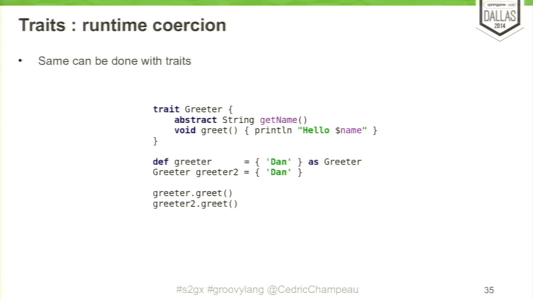So since there's a single abstract method, I can define that method, and then I have my greeter. So it's a trait. And then using just that small code, you have a full trait available. Important to understand is that this happens at runtime. It is very, very important to think about that. I'll show why later.